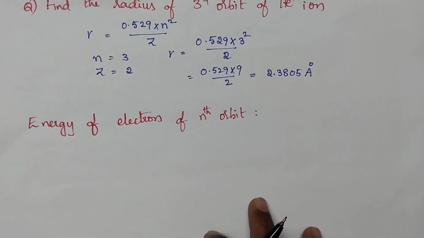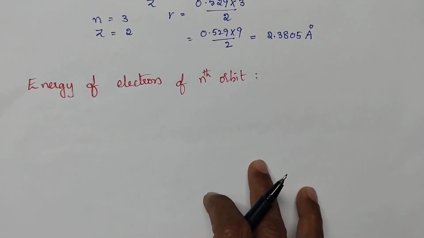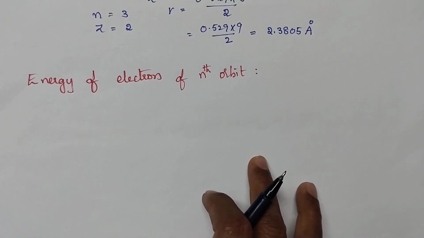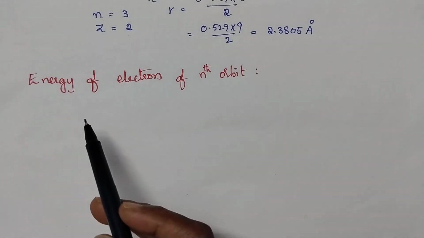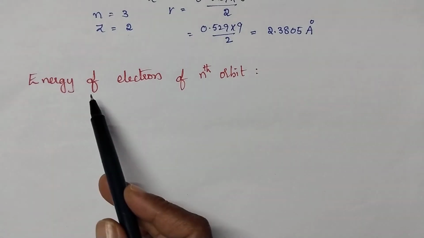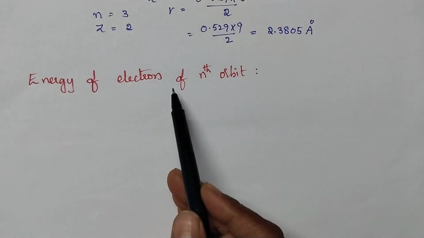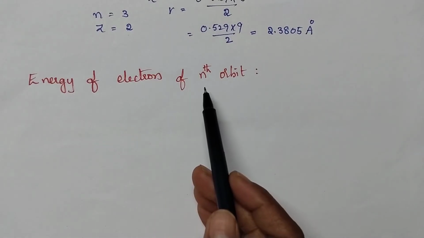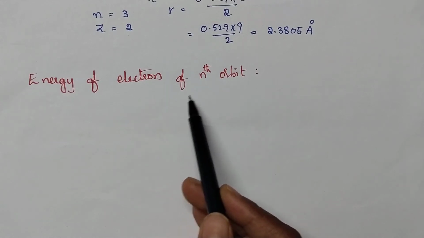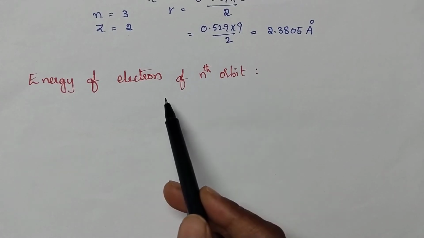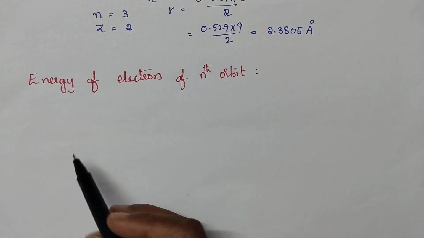Simply the radius of the nth Bohr orbit can be calculated by using the above expression. Let us discuss how to calculate the energy of the electron of nth Bohr orbit. If an electron is present in the nth Bohr orbit, we can calculate its energy.